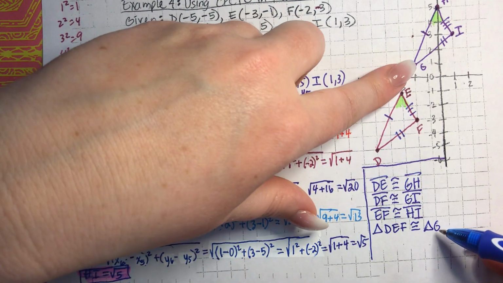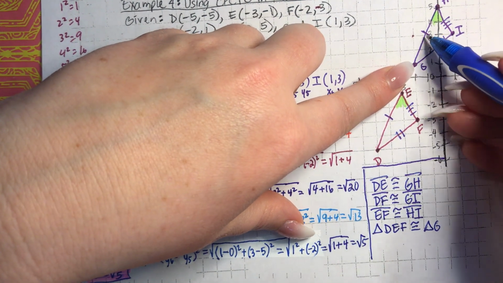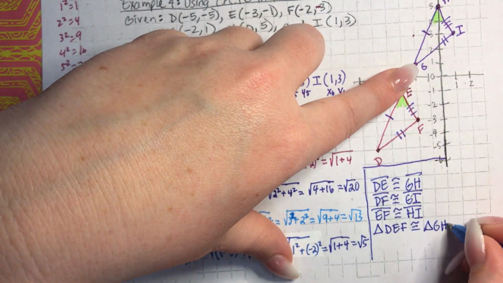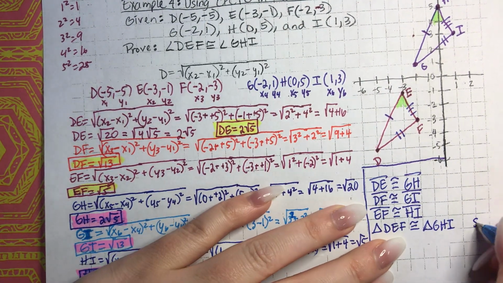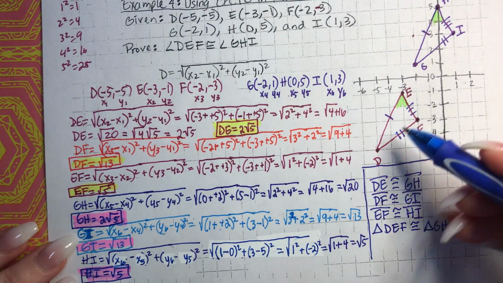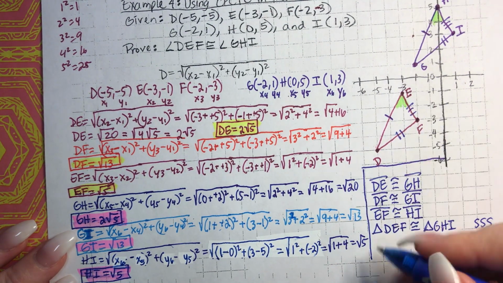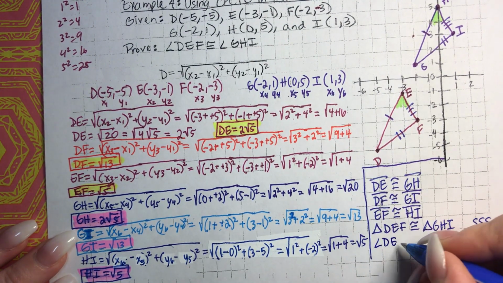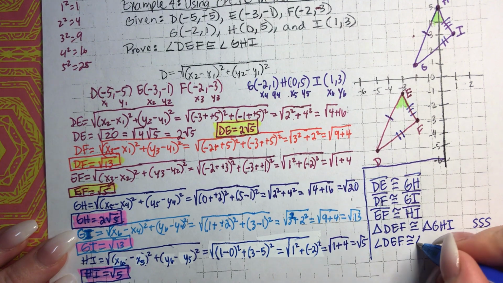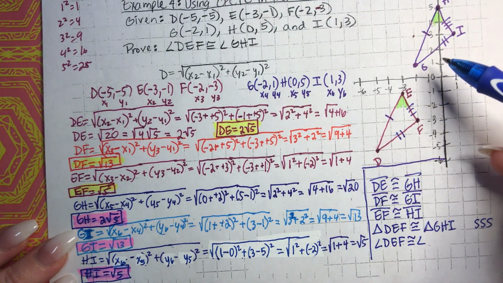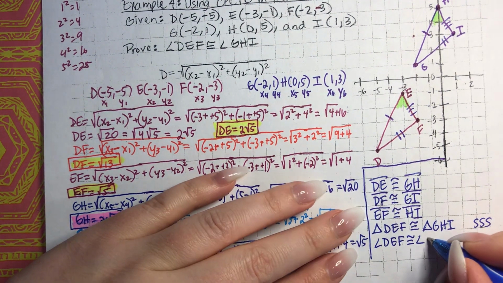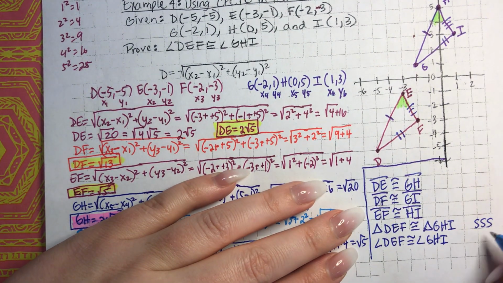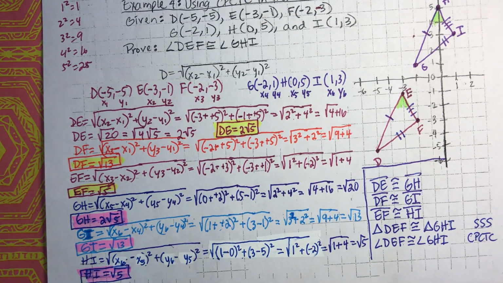So here, G, I'm going to have to go to the side that has a 1 hash mark, which would be H, I. And I can say that those 2 triangles are congruent because of side, side, side. Therefore, angle DEF is congruent to angle GHI because of CPCTC. Boom! There you have it.